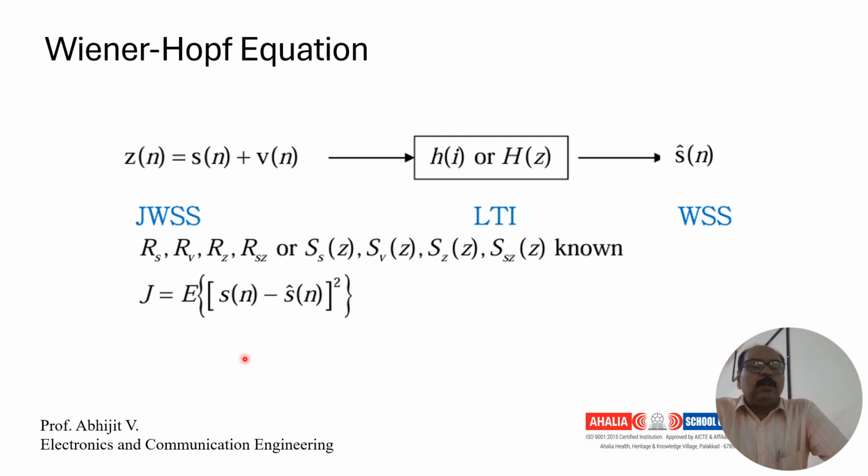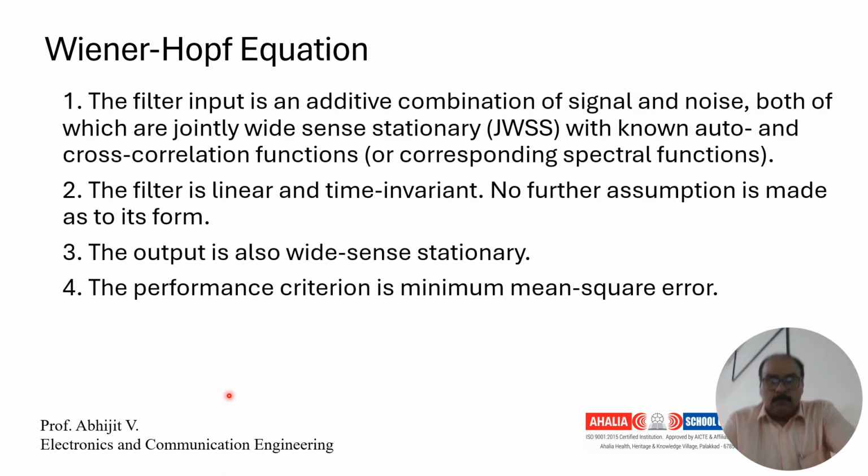And the expected thing will be this one, S tilde n minus Sn. The expected value of S tilde minus Sn. So this is the definition for the WEINER equation. So this is how the WEINER equation is derived.